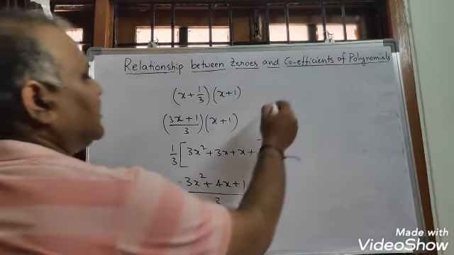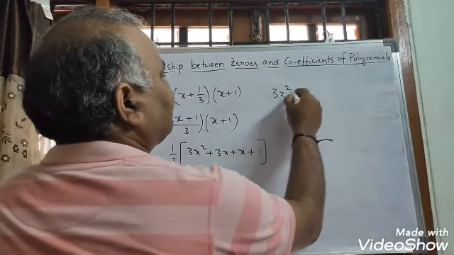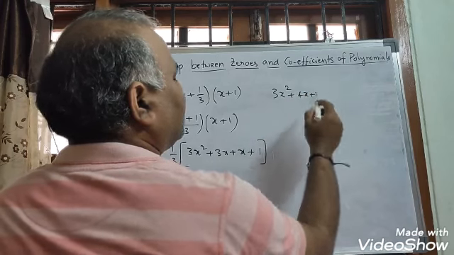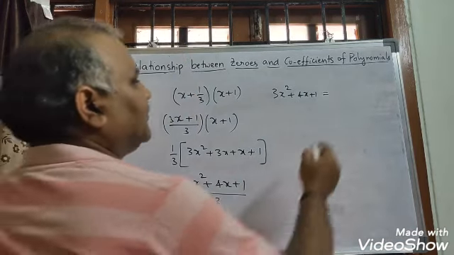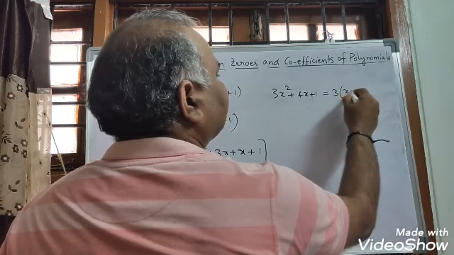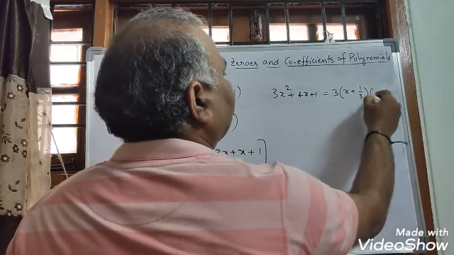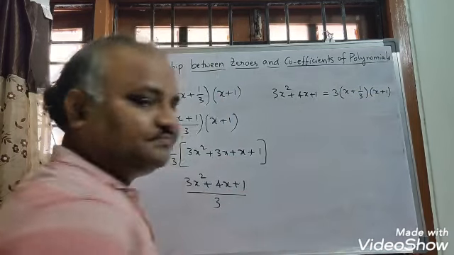That means we can consider 3x square plus 4x plus 1 as equal to 3 times x plus 1 by 3 of x plus 1.